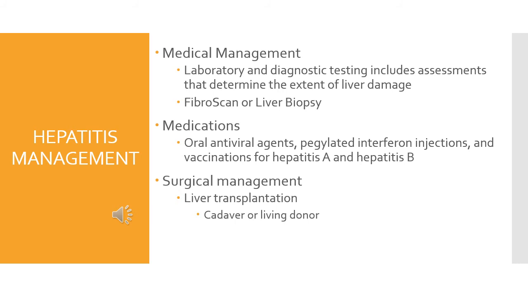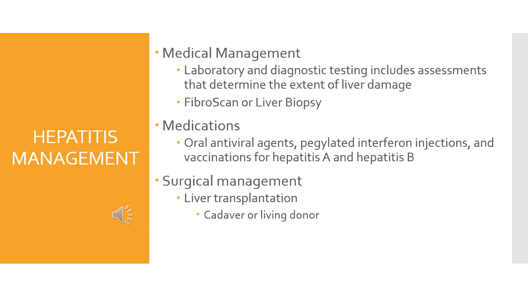FibroScan uses transient elastography to measure liver stiffness. A mechanical vibrating source is applied to the tissue externally, and the waves created are measured sort of like an ultrasound. And this can give the doctors a pretty accurate picture of the level of liver fibrosis.